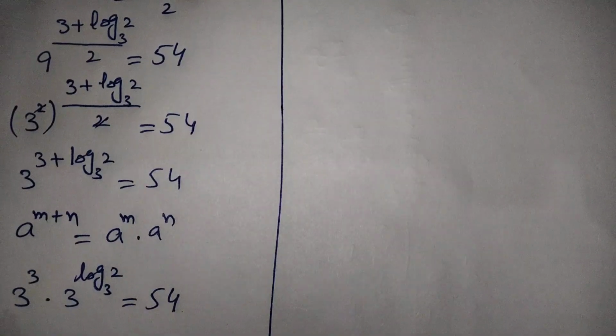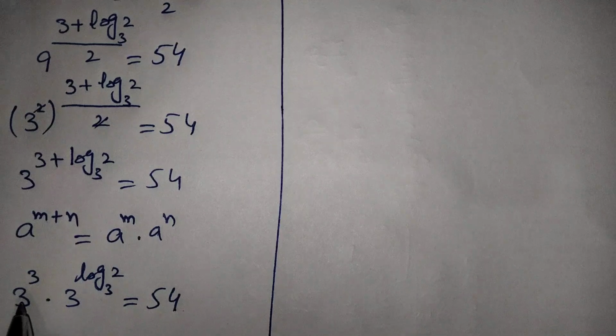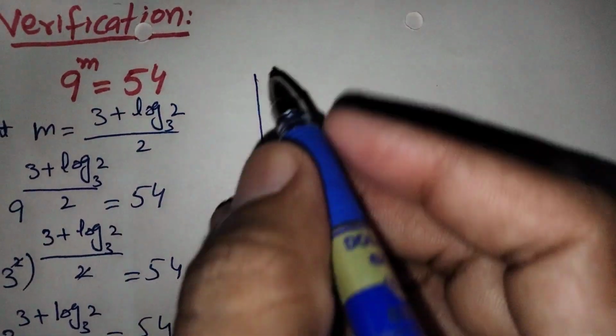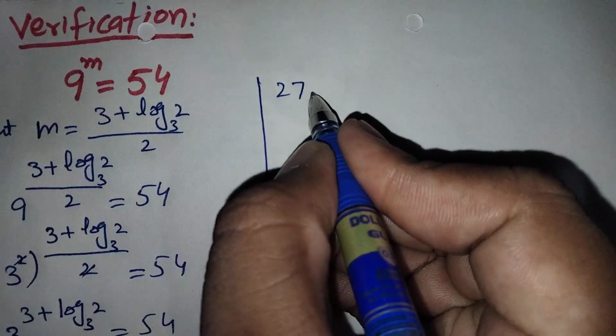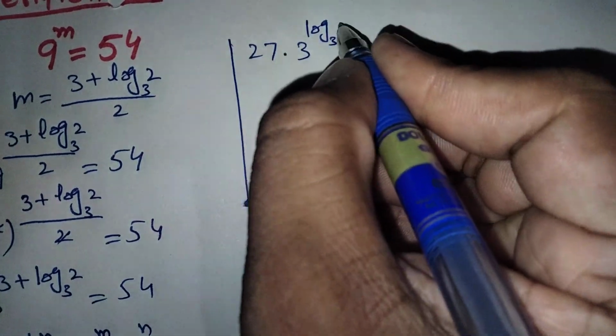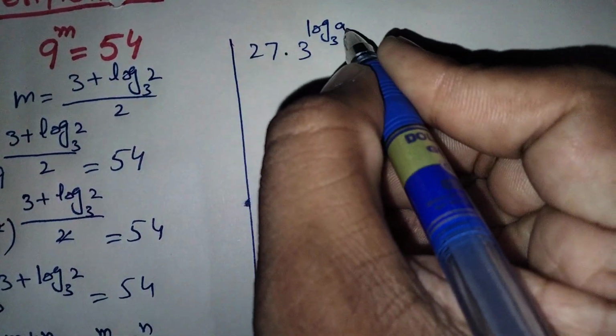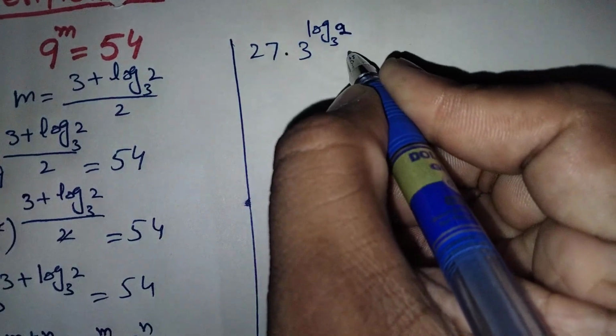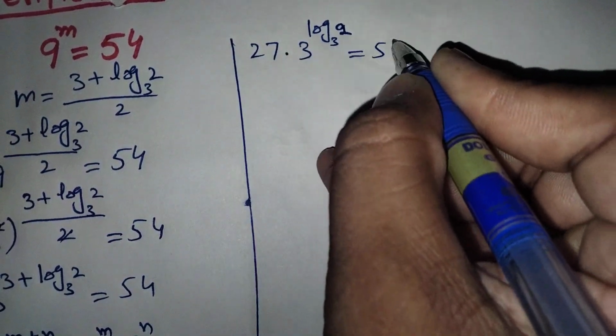Now simplifying this equation, this 3 raised to power 3 will become 27. 27 into 3 raised to power log of base 3 argument 2 is equal to 54.